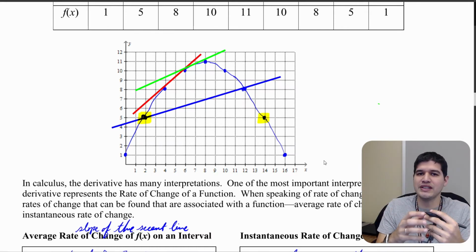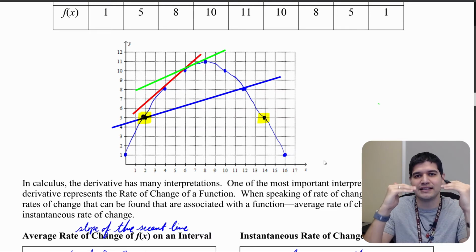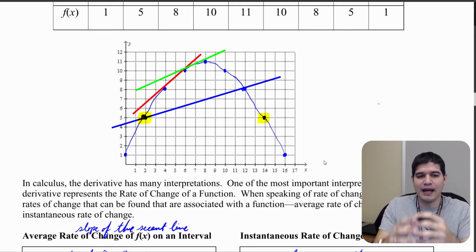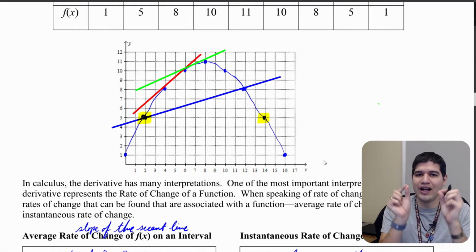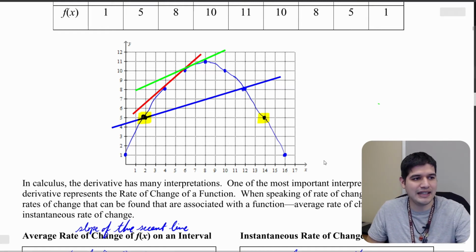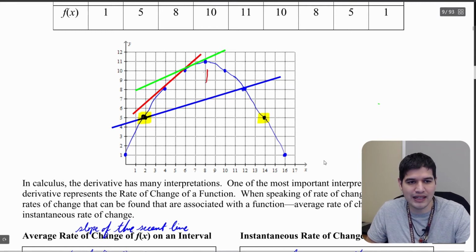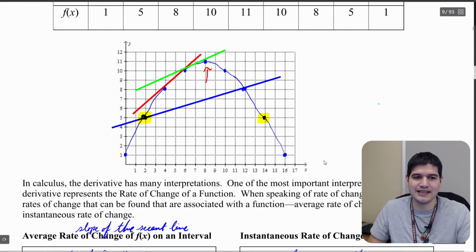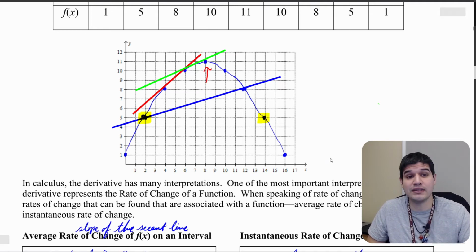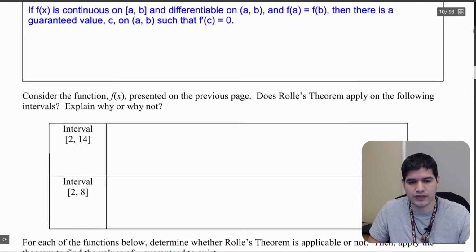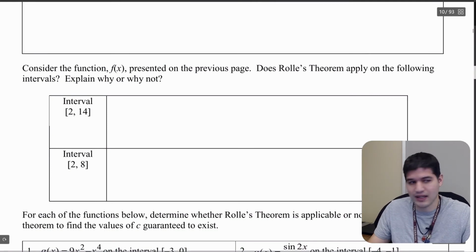Notice that both of those points have the exact same y value. So there has to be a point somewhere in between where the derivative is equal to 0. You can see that happening right there at x equals 8, where the derivative is flat, where the derivative is 0. Let's go ahead and write that down.